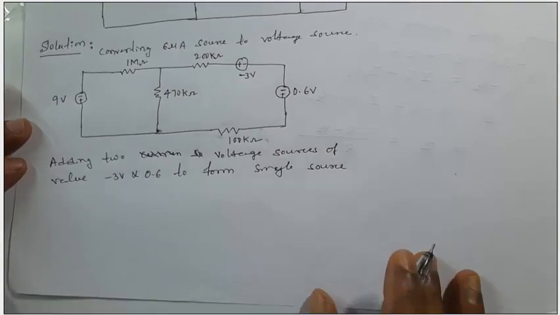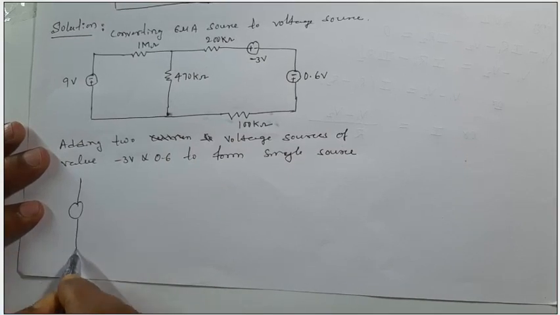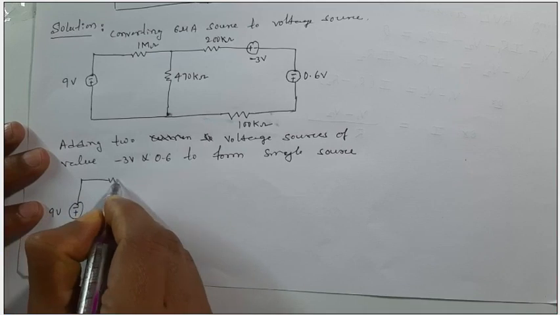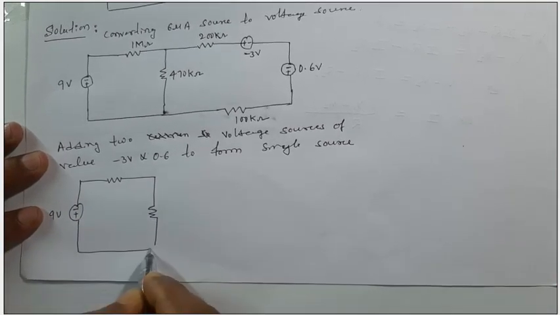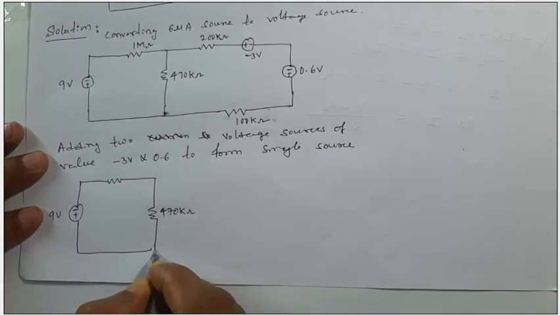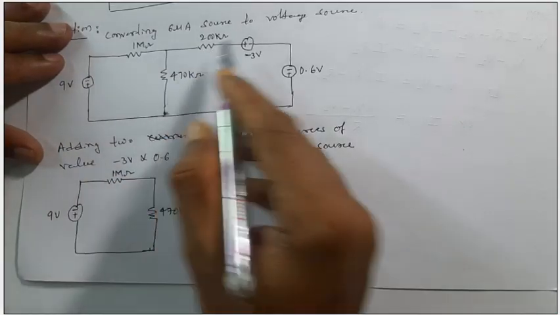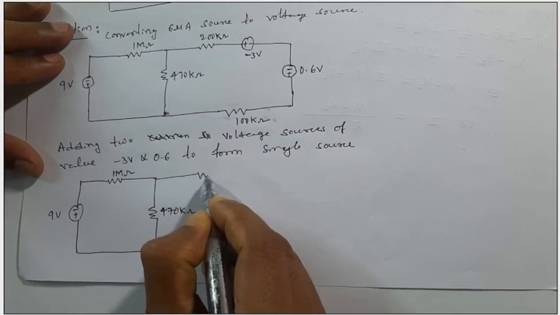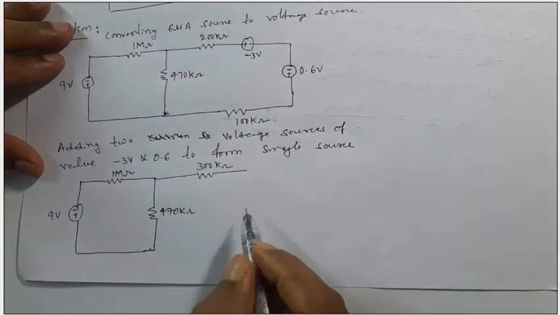So what we get, this part I will draw as it is, 9 volt minus plus, here 1 mega ohm, here 470 kilo ohm, this is 1 mega ohm. Now when we add both the resistors, we get a resistor value equal to 300 kilo ohm, because 200 kilo ohm plus 100 kilo ohm is 300 kilo ohm.